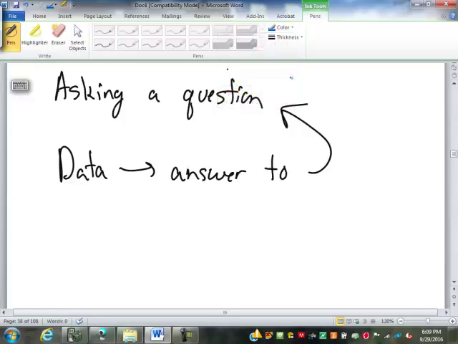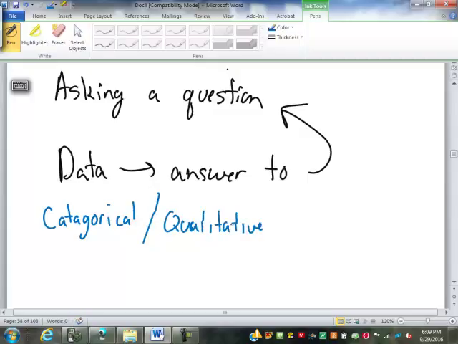So the type of data we gather, there's 2 main categories. One is called categorical. Depending on the textbook, sometimes called qualitative, because it's measuring a quality of the items in the population or sample.